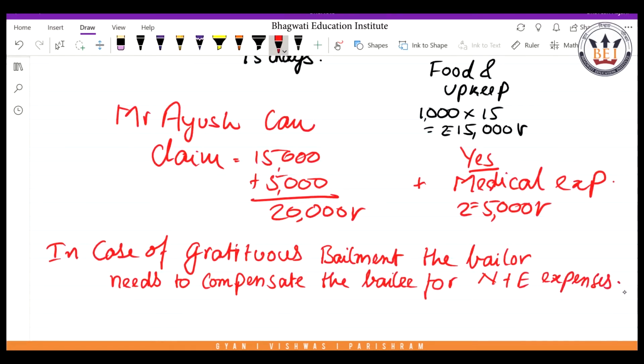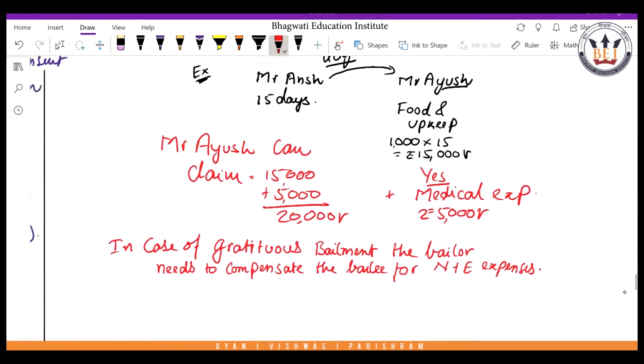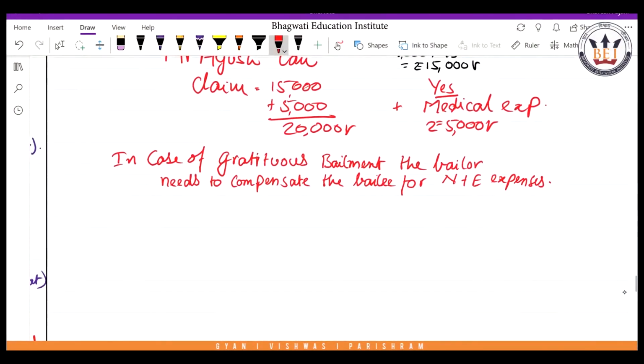So one thing is very clear, that necessary and extraordinary expenses both can be claimed.